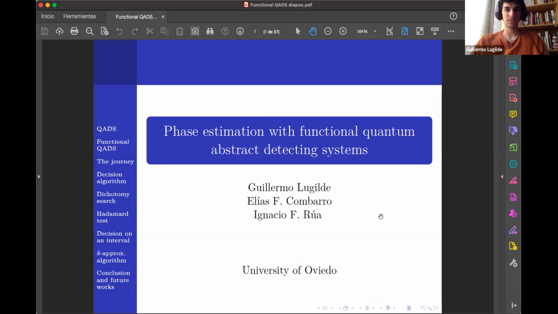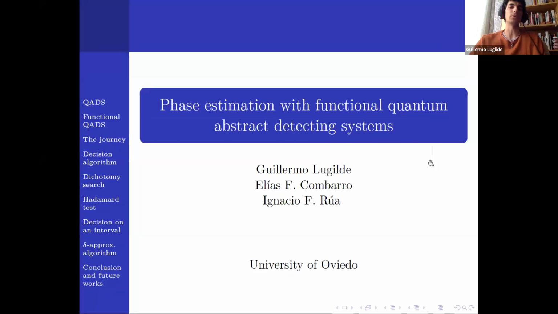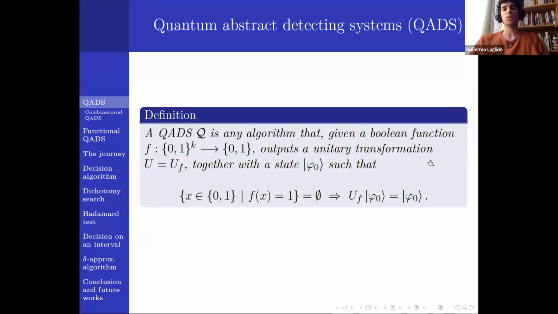So the first question to be answered is, what are QADS, right? QADS generalize those circuits that are able to detect whether there exists a marked element in a given set, just the existence.